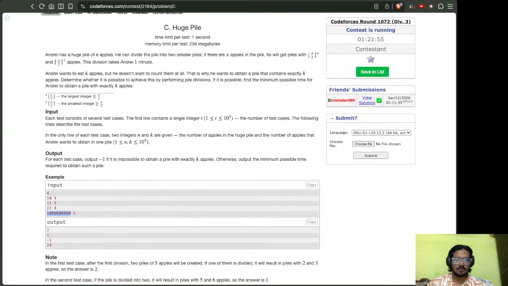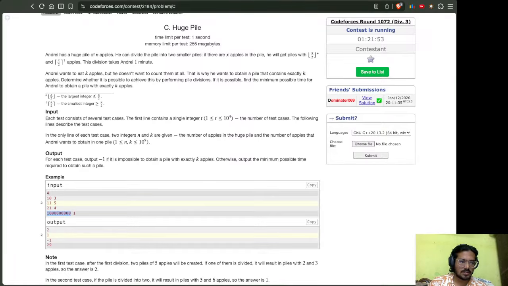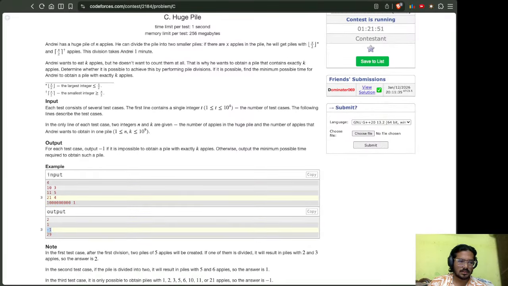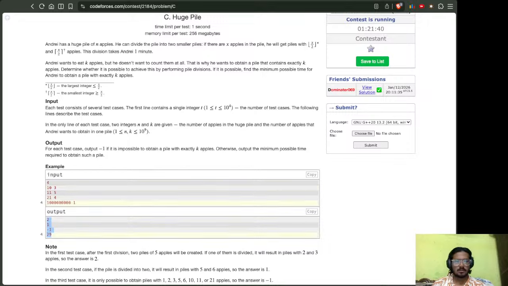We want to know if it's possible or not. If it's a random number, we check it. If it's not coming in a subsequent manner, then it's not possible.